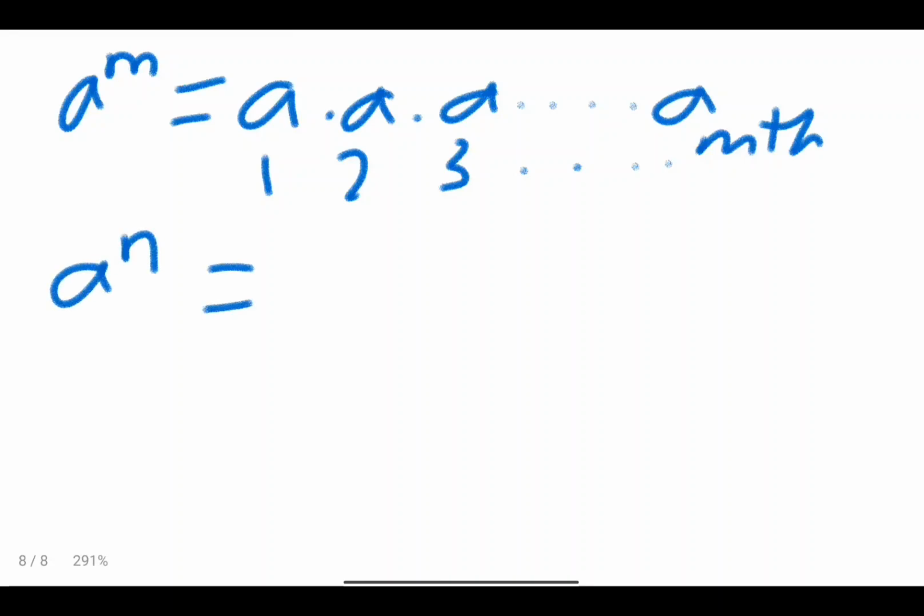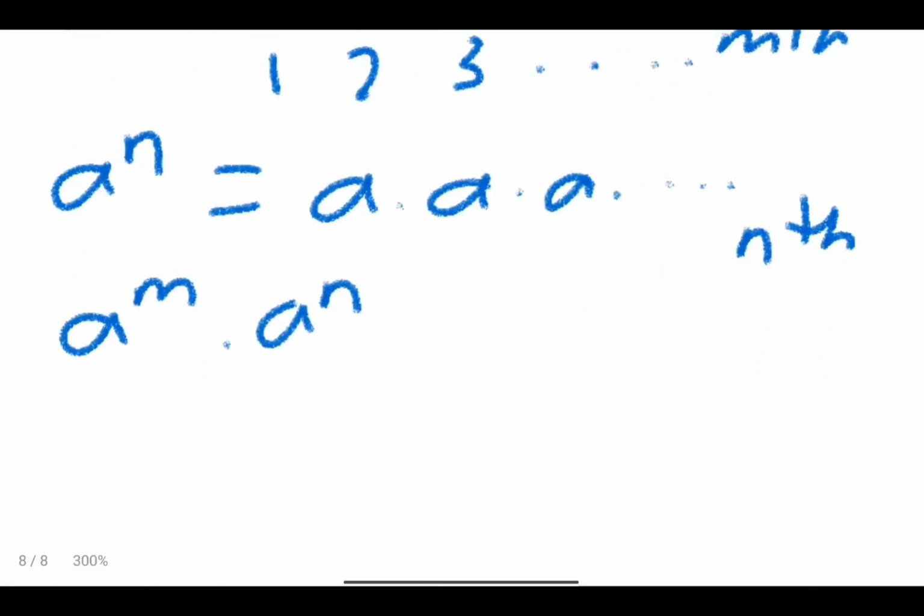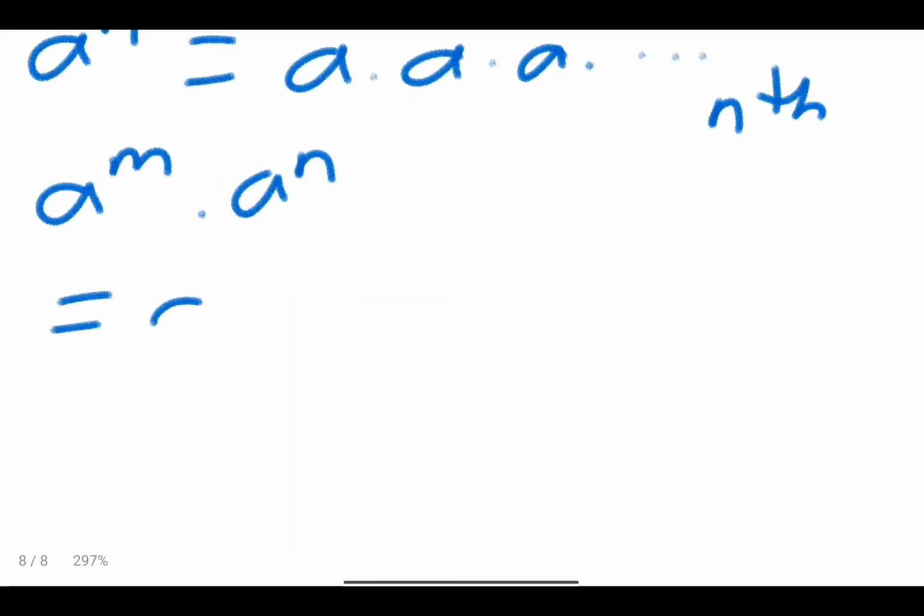So we can say that there are m number of a's multiplied with each other. Same goes for the other one, and there are n a's. When we multiply these two together, we have mth A times nth a's.